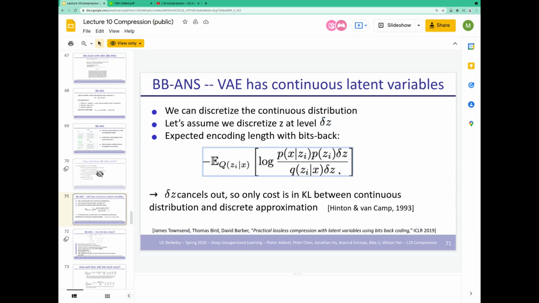But the cost of all this discretization, they say it's just the KL divergence between the continuous and discrete approximation, and it should go down with delta Z, or shouldn't. We can probably bound it, so it should not explode.